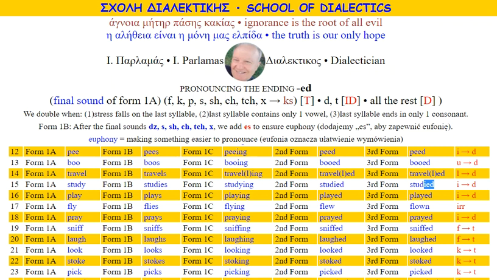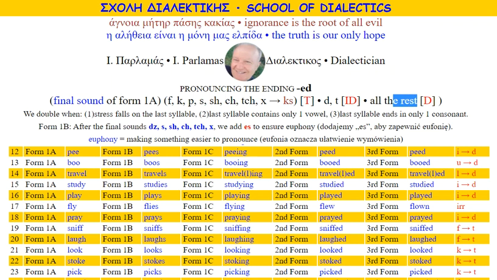Because we have consonant and Y. Now play. Here we have vowel and Y. Here nothing special happens. We don't do anything special here because we have vowel and Y. Plays, playing, played. The final sound, ED, we pronounce like D. It's in this category.